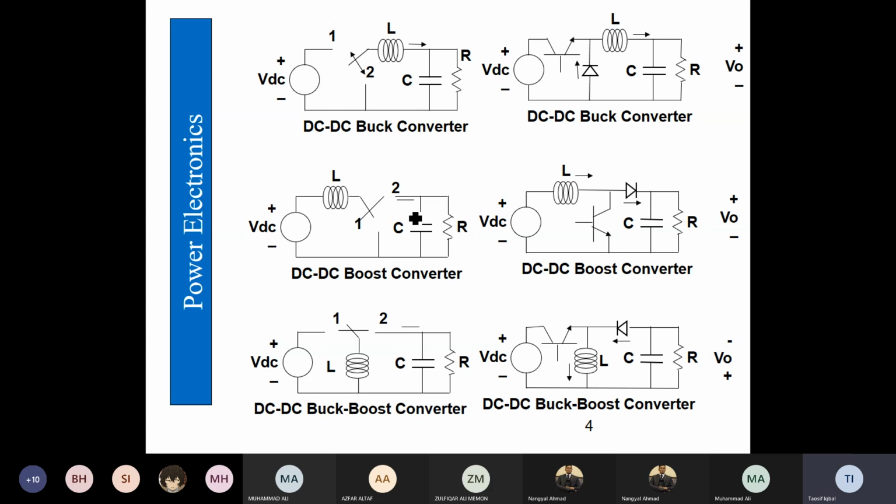Then we have a step-up converter, which is known as boost converter. And in this case, inductor comes first, then switch, diode, and capacitor. So in most of the cases, capacitor is essential across the load, because this capacitor is going to consume the ripple current, and only the DC current is going to be applied to the load.